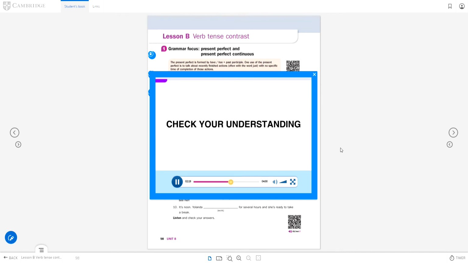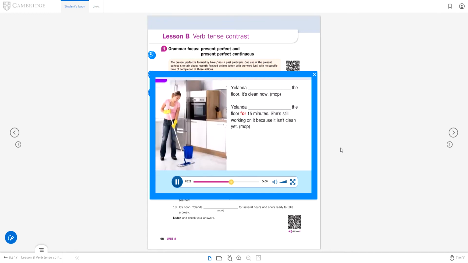Check your understanding. Complete the first sentence using the correct form of the verb in parentheses. Now complete the second sentence using the correct form of the verb in parentheses.